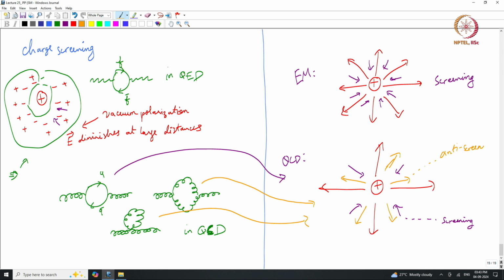If you want, you can call it enhancing. So there is competition now between the gluons trying to enhance the effective field and the quarks trying to diminish the effective field. So anti-screening is something that happens only for non-abelian charges, in this case the color charge.